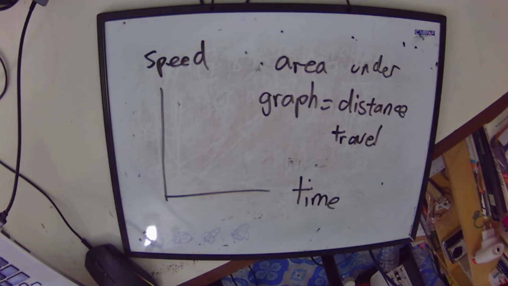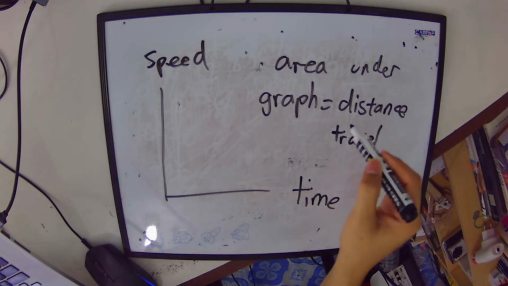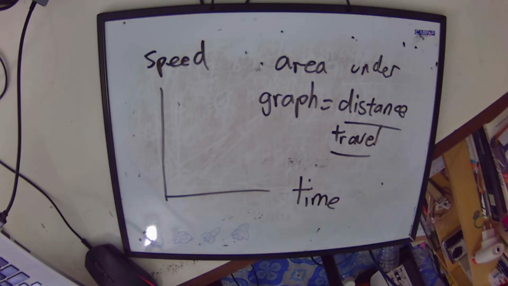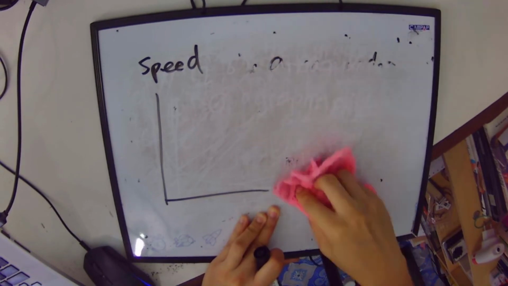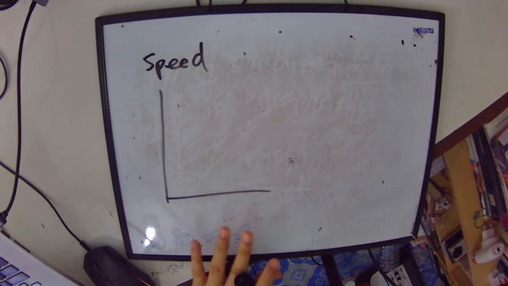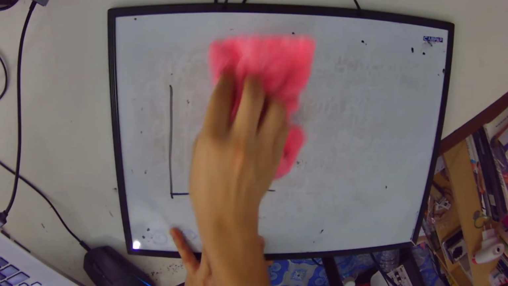So by calculating the area under the graph, you will get the total distance traveled. Okay? Akan bergantung kepada jenis graph lah. Lain graph, lain makna lah area under the graph. So this one is also simple. Cara mengira pun sama juga.